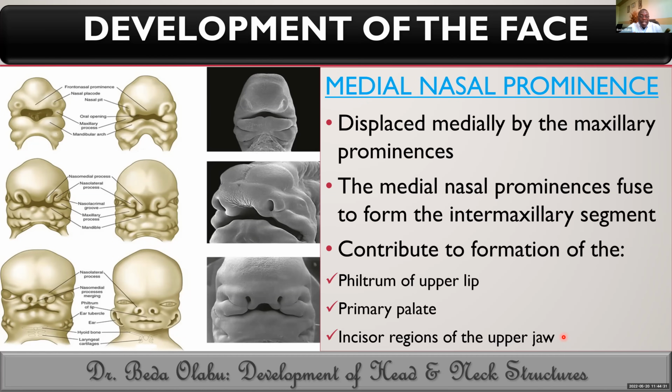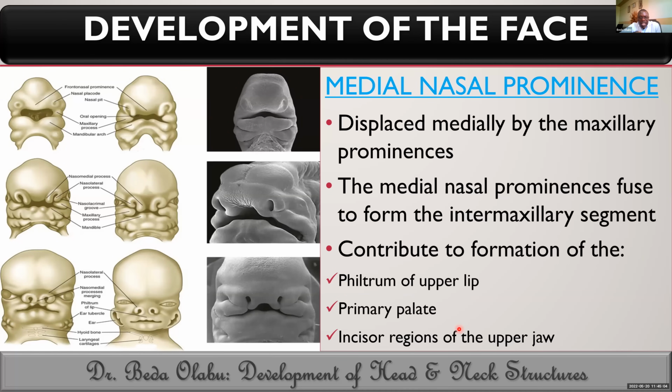You see, the maxillary bone has a very wide region that will be occupying the teeth. So the region of the maxillary bone that holds the incisor teeth comes from the intermaxillary segment. It comes from the fused medial nasal prominences. So these are the derivatives of the medial nasal prominences that eventually fuse.